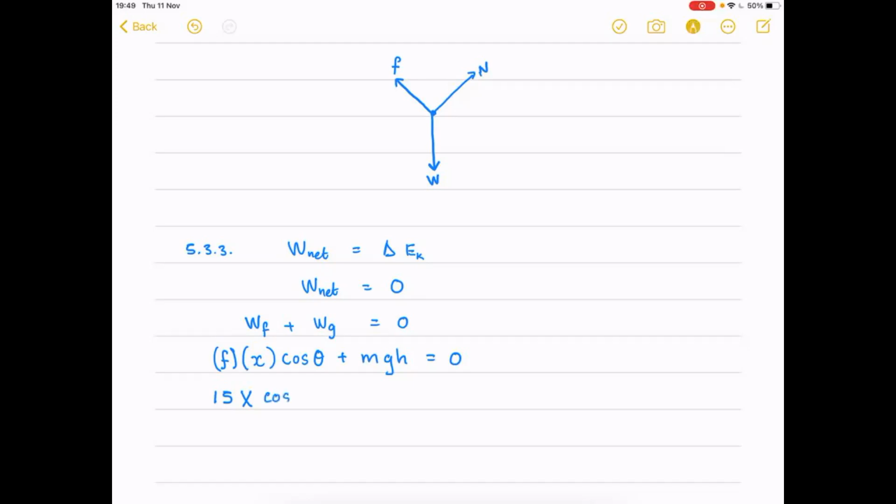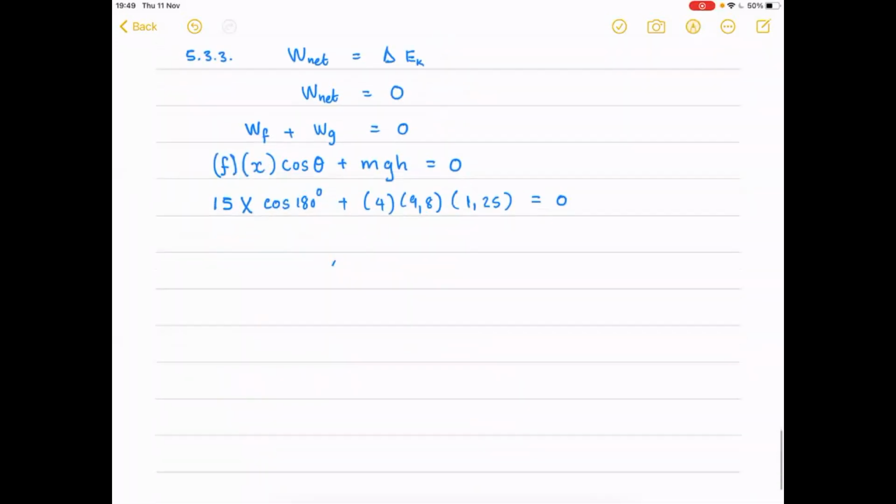And this is cos of 180 degrees plus the mass is 4, g is 9.8, and the height that it falls from Q to R is 1.25 meters. And if you solve that, then you'll get that x is equal to 3.267 meters, or 3.27 meters.